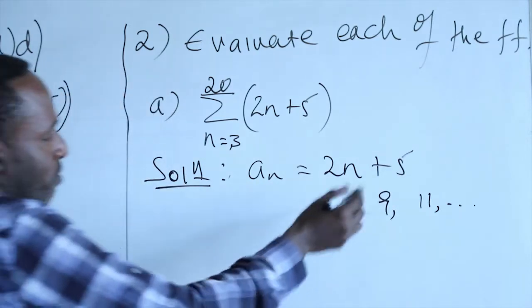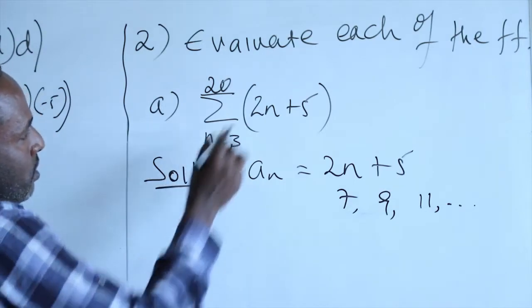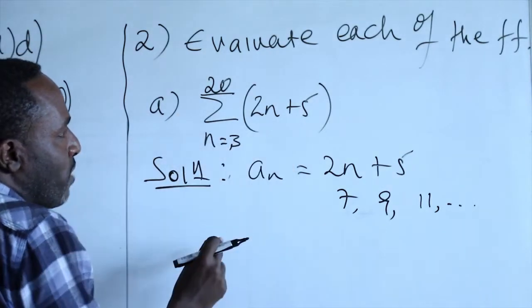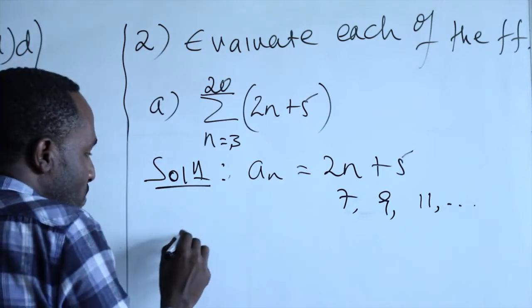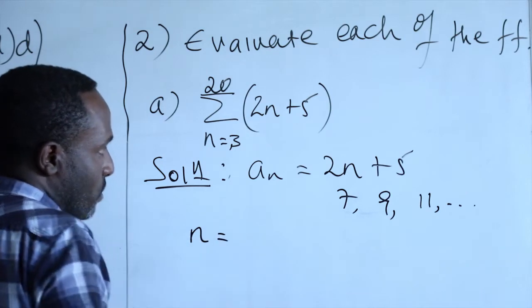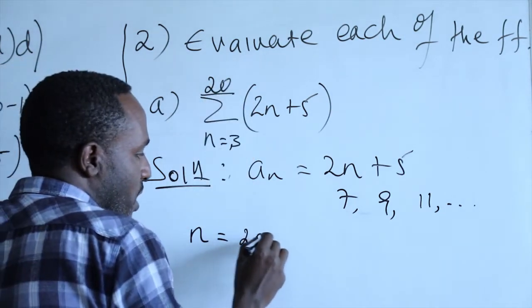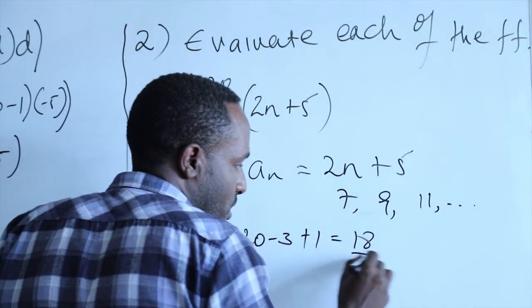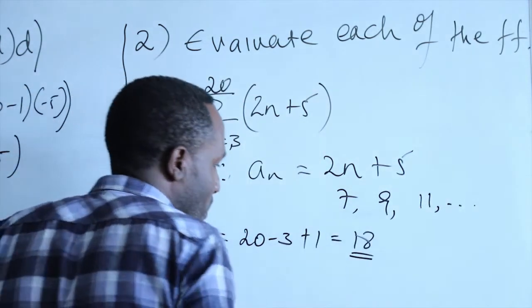Now from this, to evaluate the summation of 2n plus 5 where n runs from 3 up to 20, we must first calculate the number of terms n. n equals the upper bound minus the lower bound plus 1, which is 20 minus 3 plus 1, equal to 18. So the number of terms of the sequence is 18.